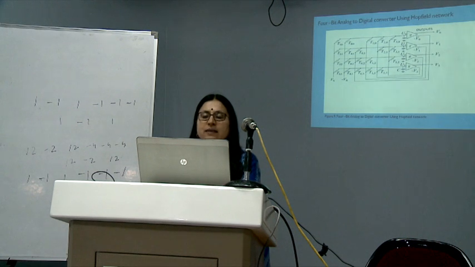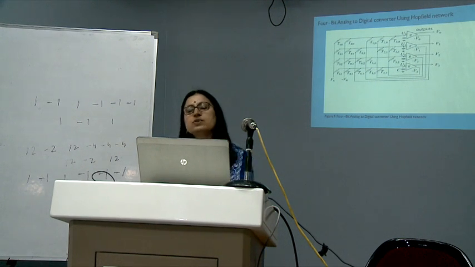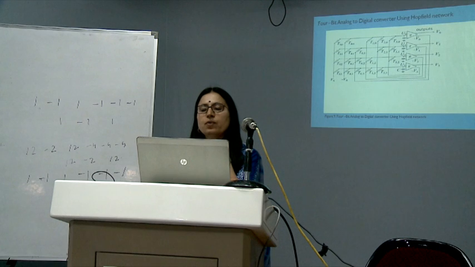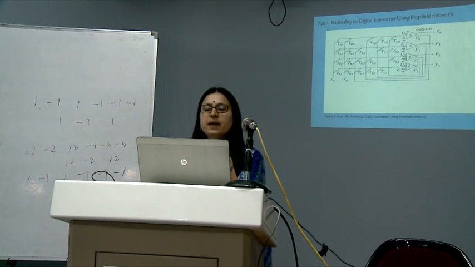Here we have shown all the inverting outputs being fed back to the input. The first inverting output, V0, is fed back to the second, third and fourth neuron, but not to the first neuron.